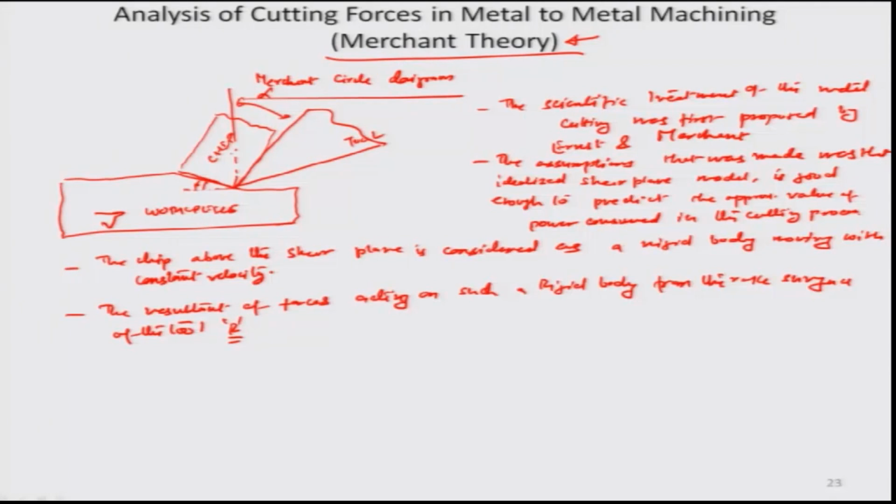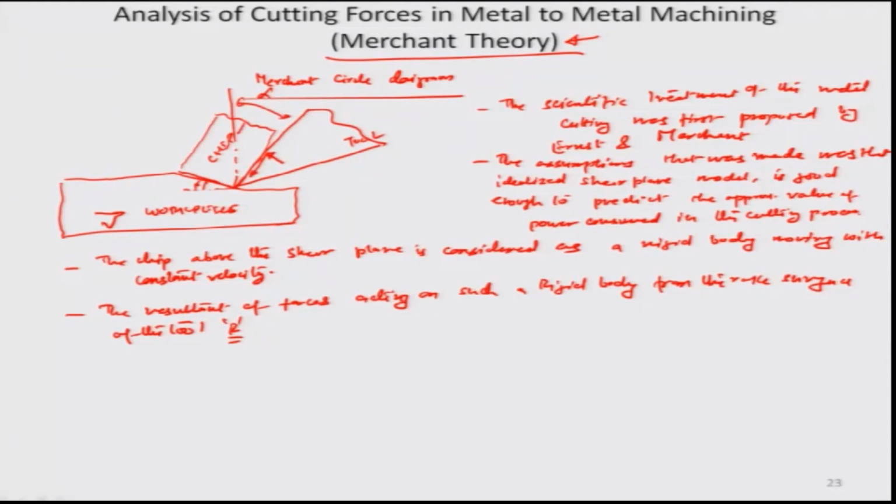Let us say there is a perpendicular force that is given by the tool surface to move the chip away from its rake surface, and then there is a frictional force which is going to come against the direction of movement of the chip.